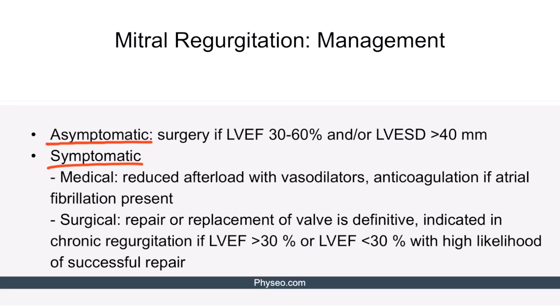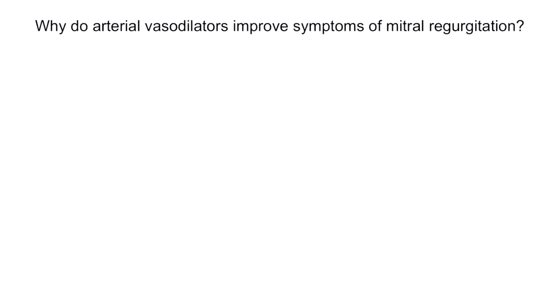Surgical repair or replacement in symptomatic patients is indicated in chronic cases if left ventricular ejection fraction is greater than 30%, or if left ventricular ejection fraction is less than 30% and the patient has a high likelihood of successful repair.